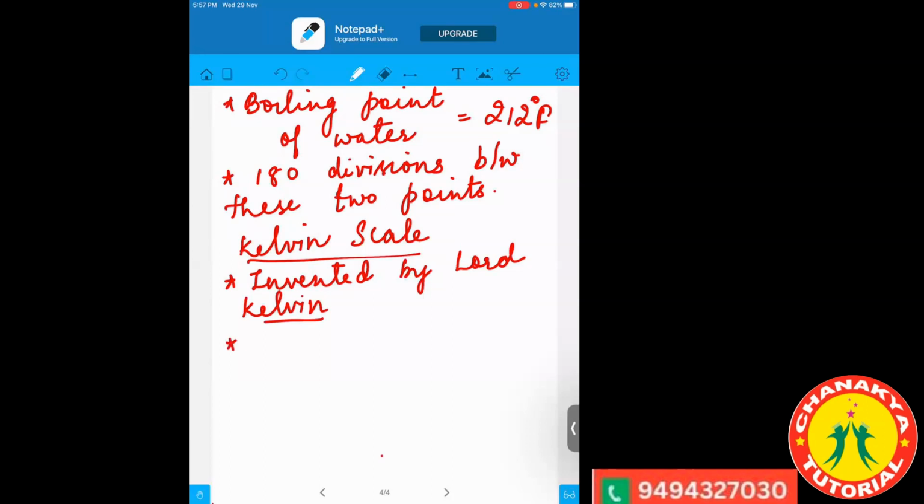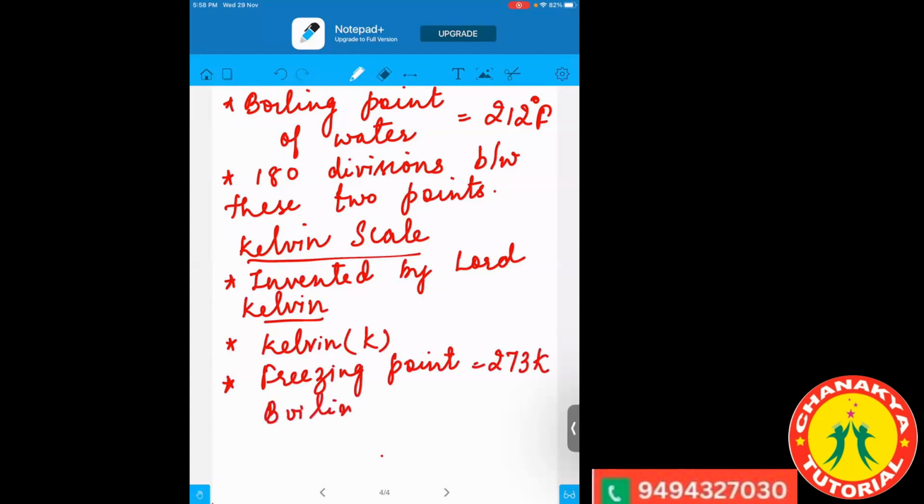The unit of the scale is the Kelvin, which is denoted by K. On this scale, the freezing point of water is 273 Kelvin, whereas the boiling point is 373 Kelvin.